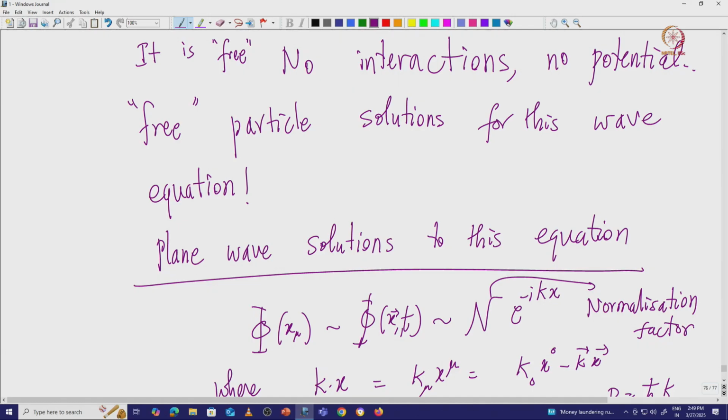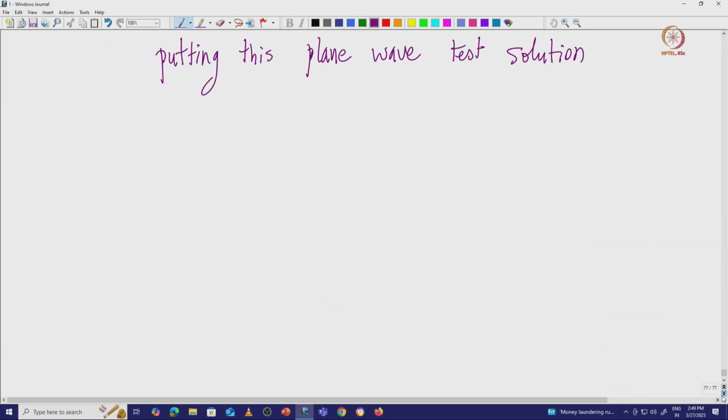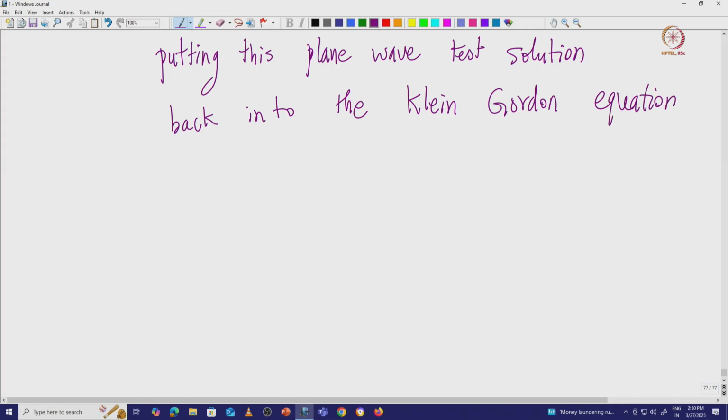Okay, this is nothing but a normalization factor. So, putting this plane wave test solution back into the Klein-Gordon equation, we have, so I put back and you get the energy of the wave to be E square is equal to k square plus m square.